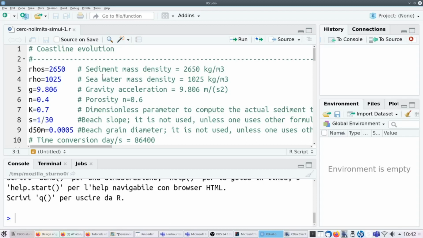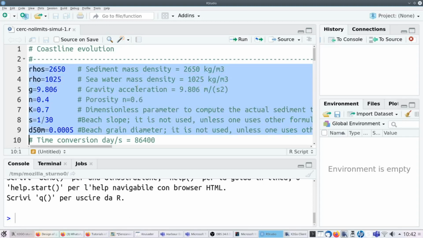So if we want to run these instructions in the console, I have to select them. I can select them with the mouse, or I can select them with the keyboard. Now I am using the mouse. If I want to use the keyboard, I use the arrows. I go at the beginning of the line that I want to run, I select all the lines that I want to run, and then I have two options.